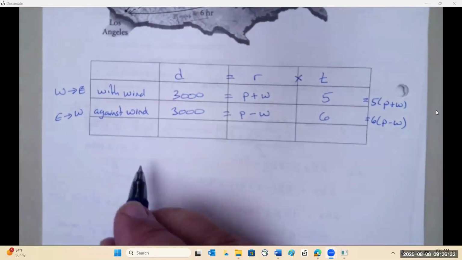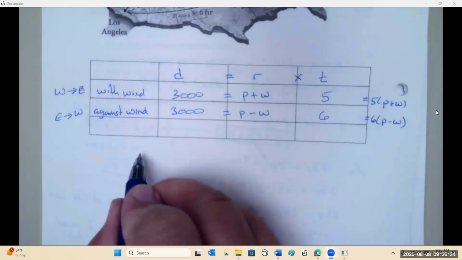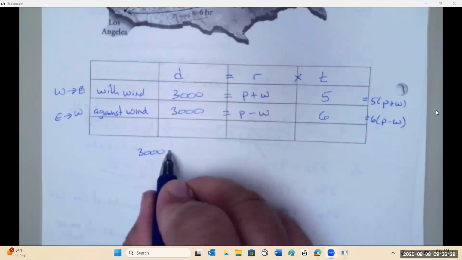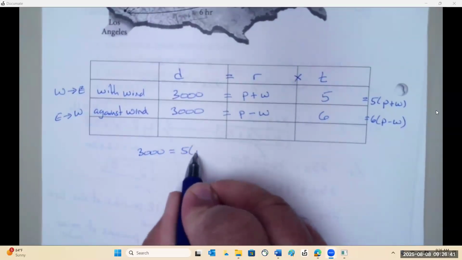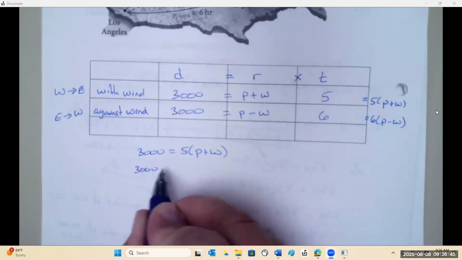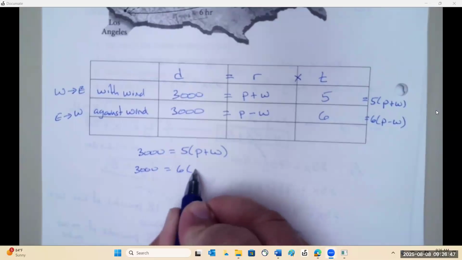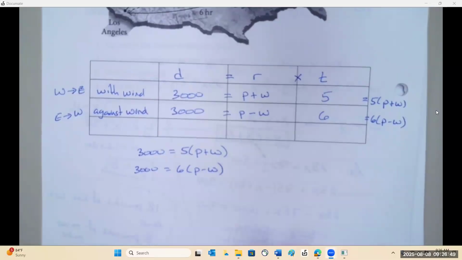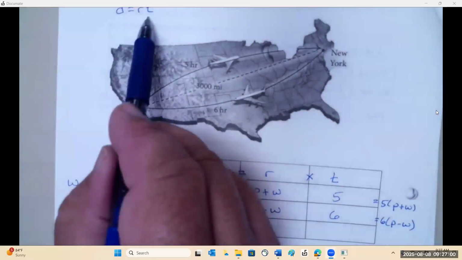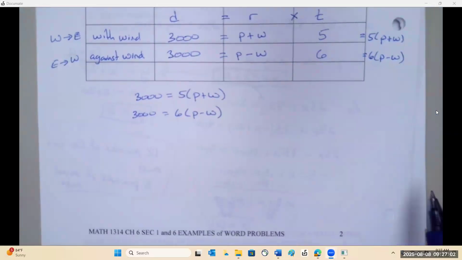Yeah. The first one is 3,000 miles from west to east equals 5P plus W. And the other one is the other direction, 3,000 miles, 6P minus W. So far, so good. I'm setting up with respect to this formula here.